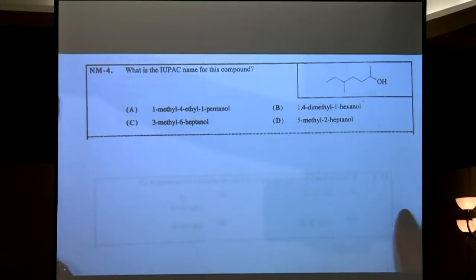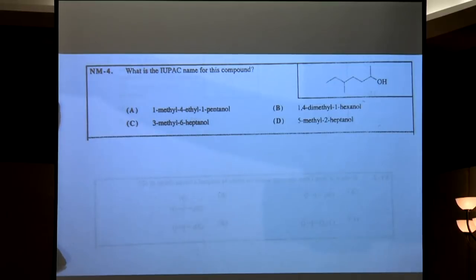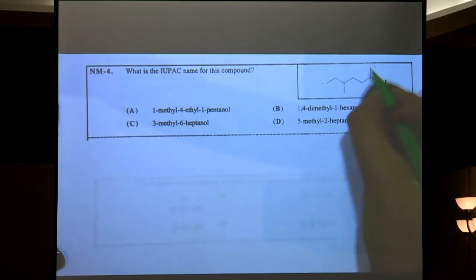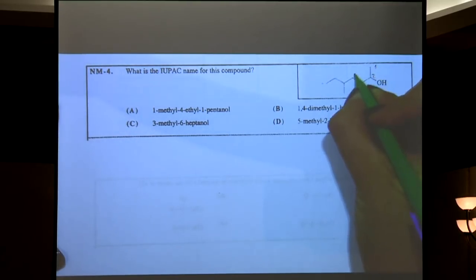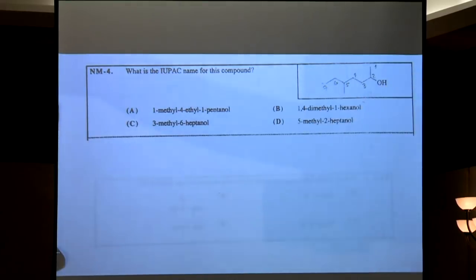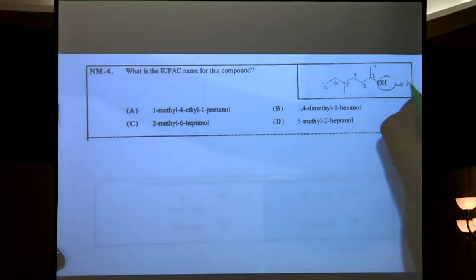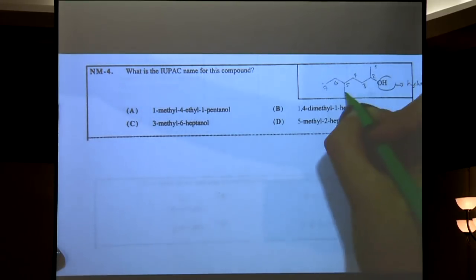All right, second question. Another naming question. They have it nicely drawn here, so I'm going to number it using that. Should we start from this side or this side? Right, so 1, 2, up to 7. On number 2 we have a hydroxy group again, and number 5 we have a methyl.